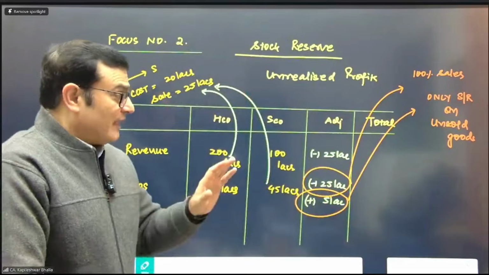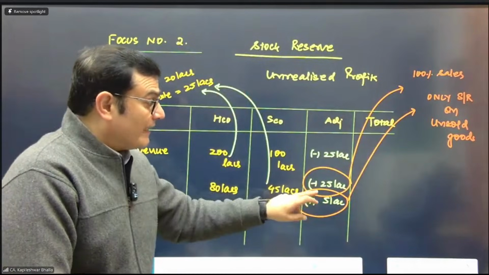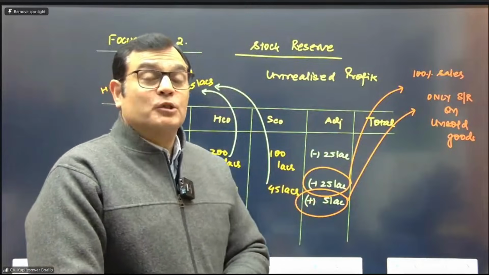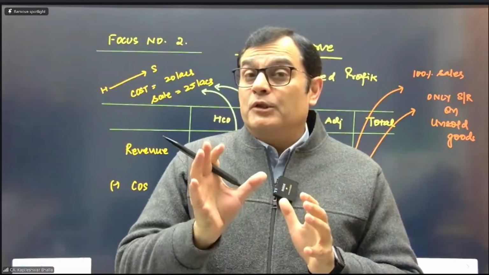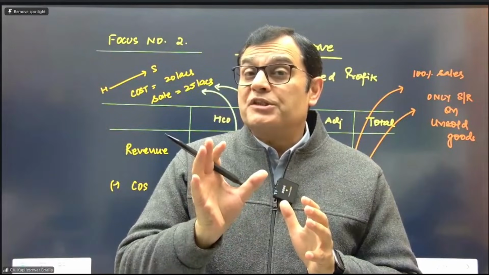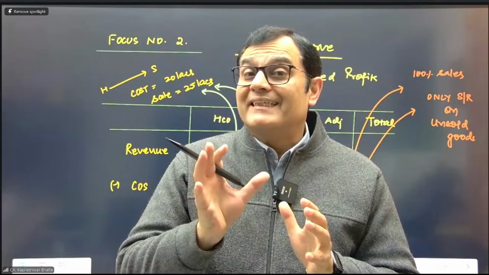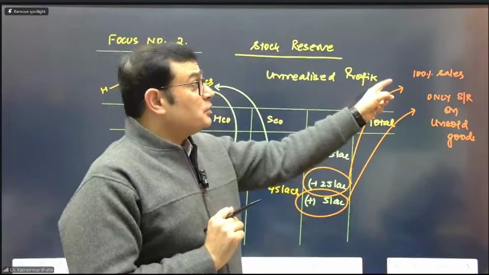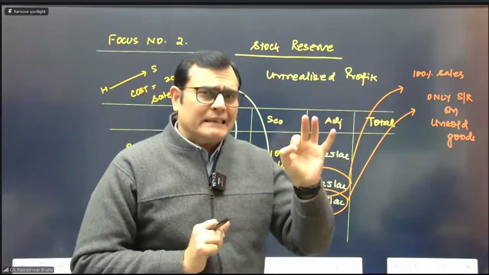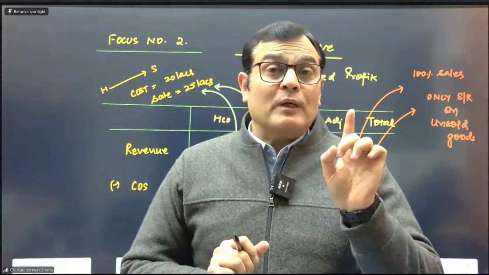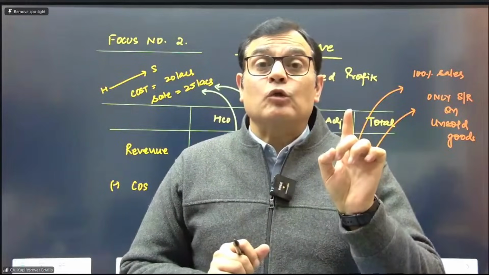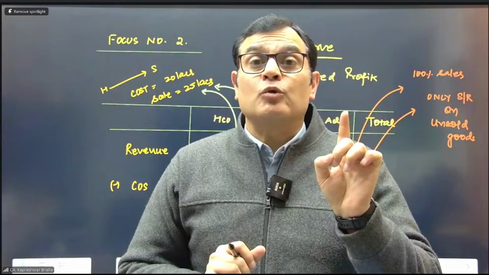Okay, so as I said, right now the entire goods are unsold. Technically speaking, what I've done is reduce the 25 lakhs, which is 100% of the intercompany sale. So the elimination will always be 100%, even if goods have been sold to a third party. But when you add the profit element, it is only the profit on the unsold goods.